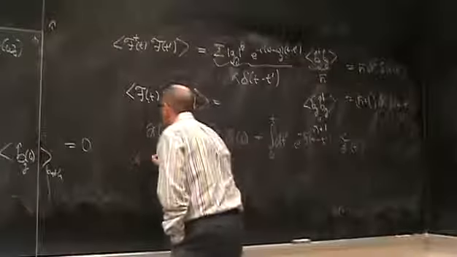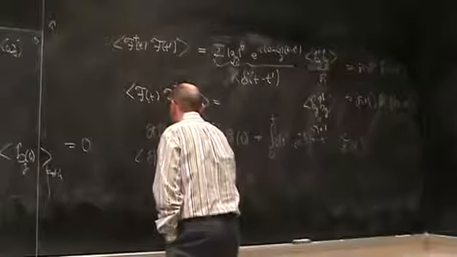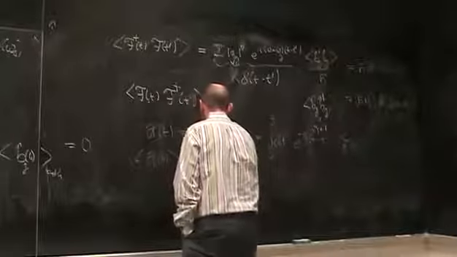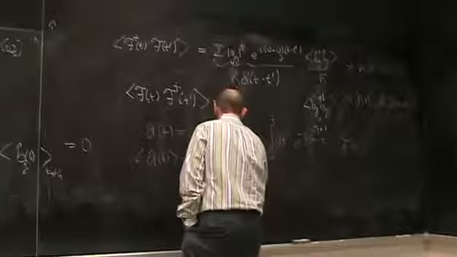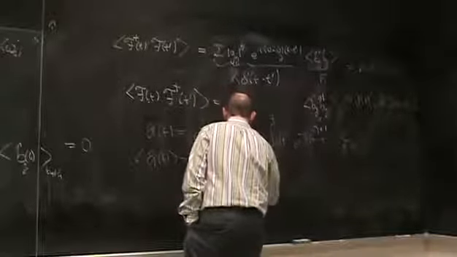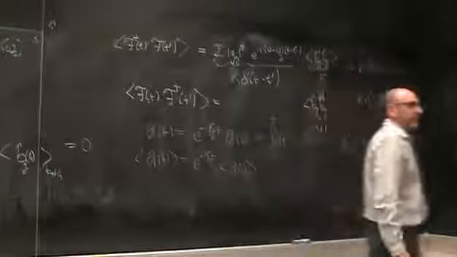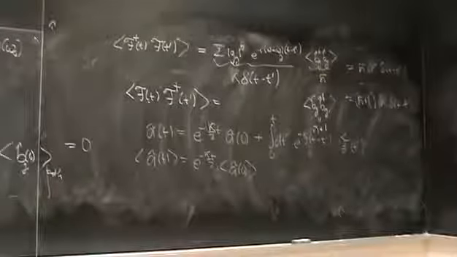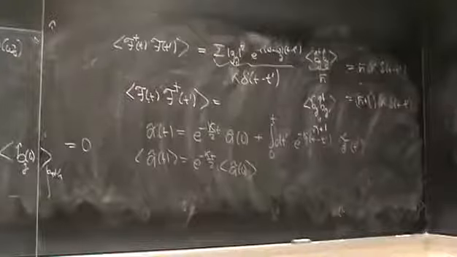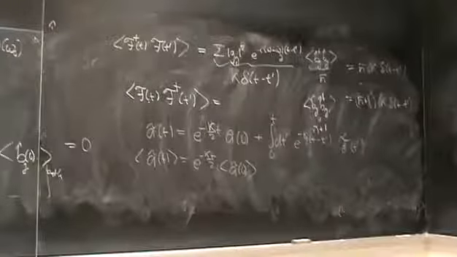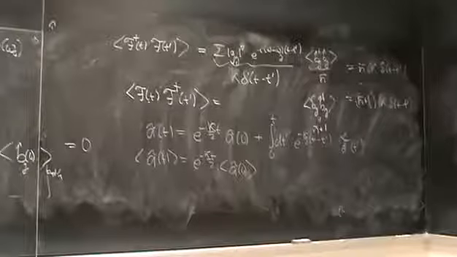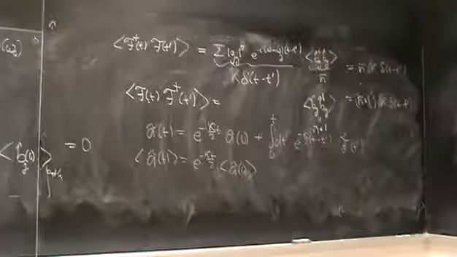The expected value of this averaged over the reservoir is the decaying mode, just like we had when we looked at this same equation of motion based on the Lindblad equation. We saw that the mean field decayed on average.